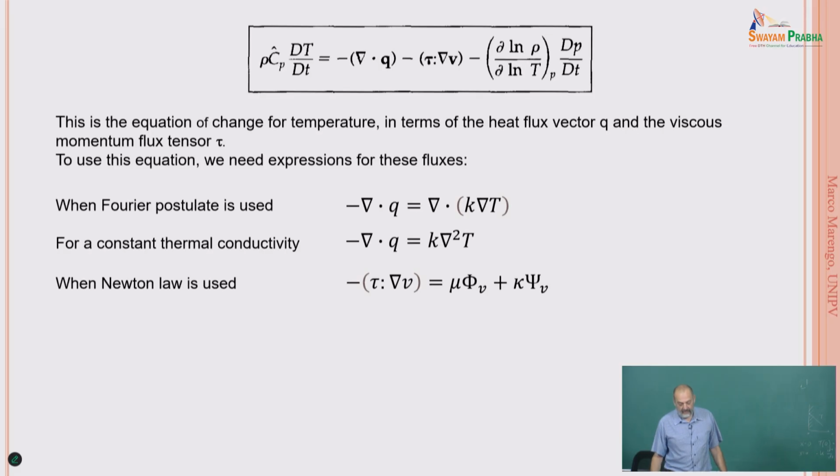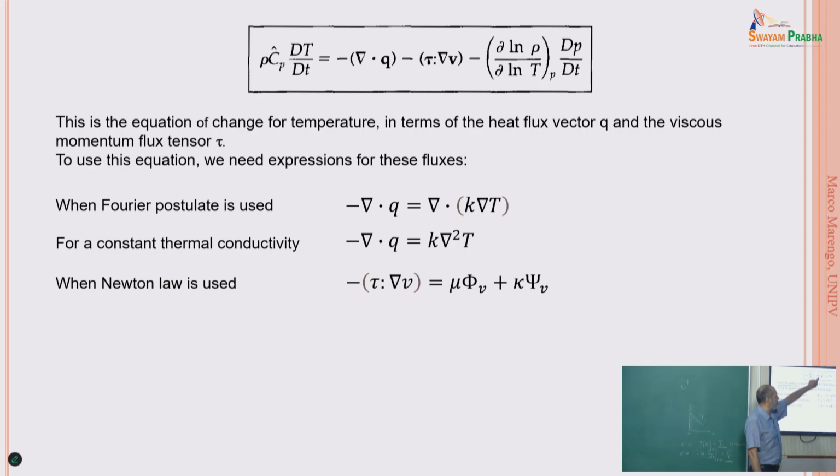And then we can have different situations. For example, when we consider the Fourier postulate, nabla dot q becomes the Laplacian of the temperature. It's a divergence of the gradient. So divergence of the gradient, and if we have a constant thermal conductivity, this term becomes nothing else than k multiplied by the Laplacian of temperature.